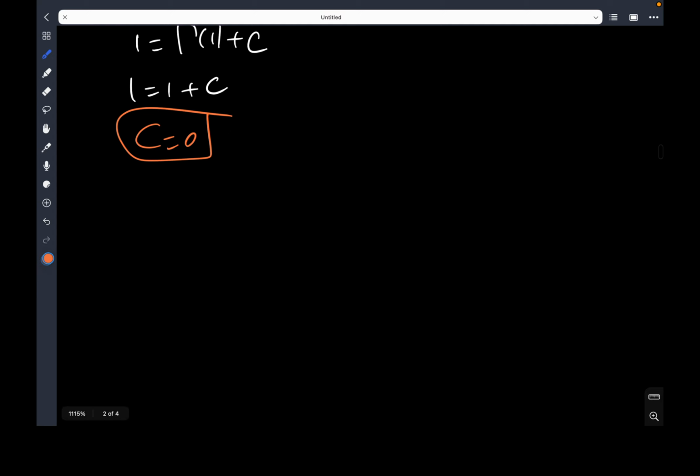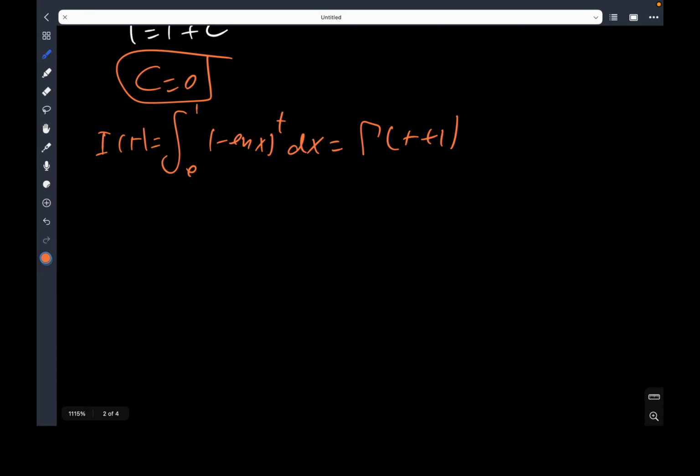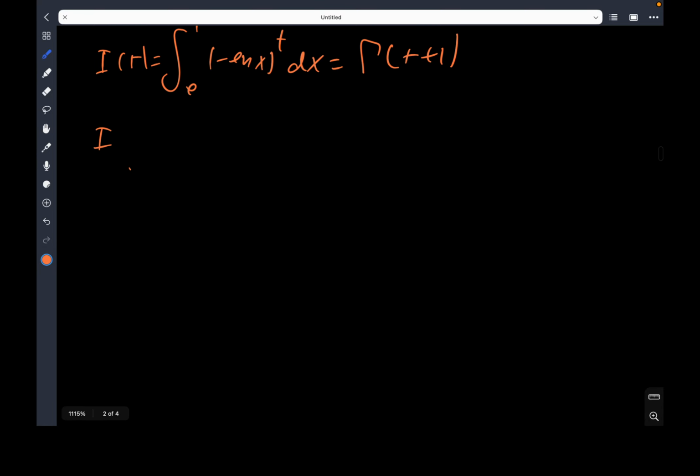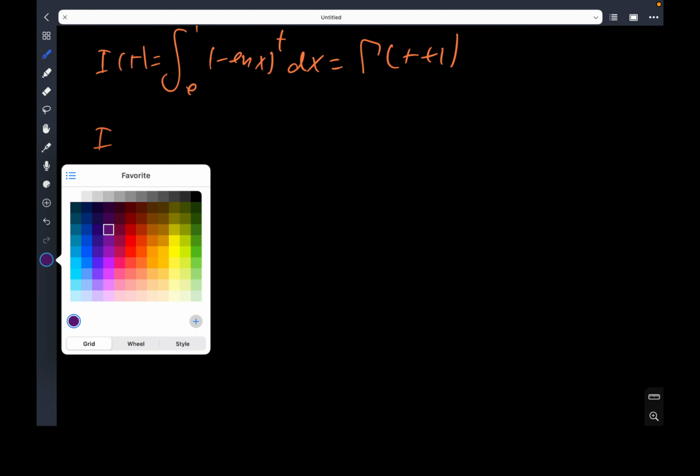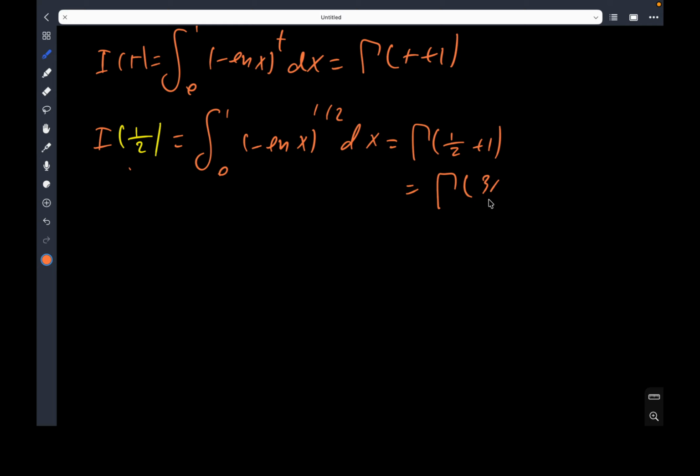So I of t, which is the integral from 0 to 1 of (negative ln x) to the t dx, is gamma of t plus 1, and we were looking for I of half, which is going to be the integral from 0 to 1 of (negative ln x) to the half dx equals gamma of half plus 1, which is gamma of 3 over 2.